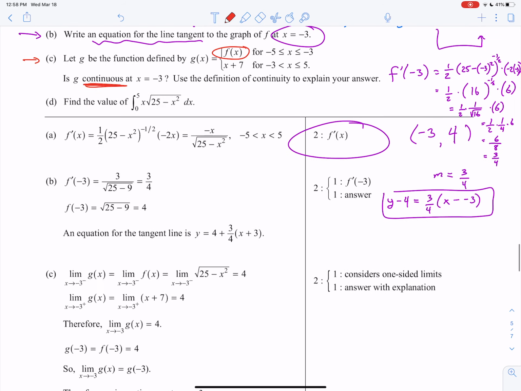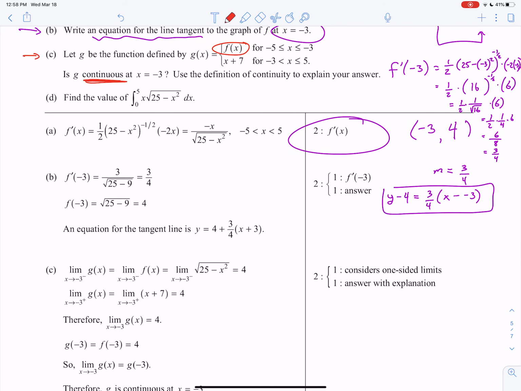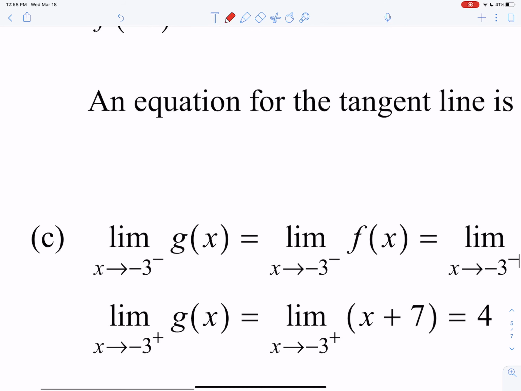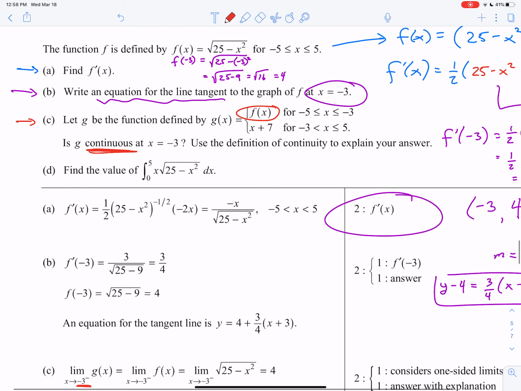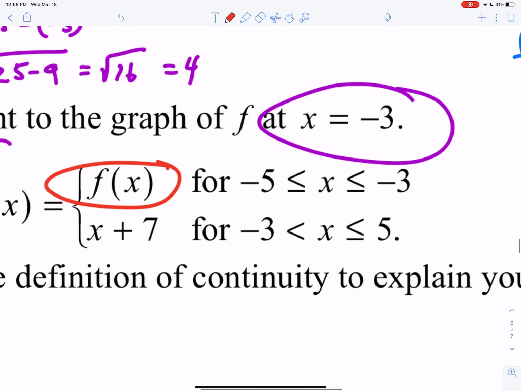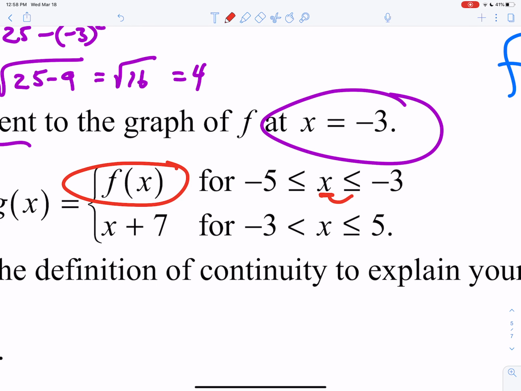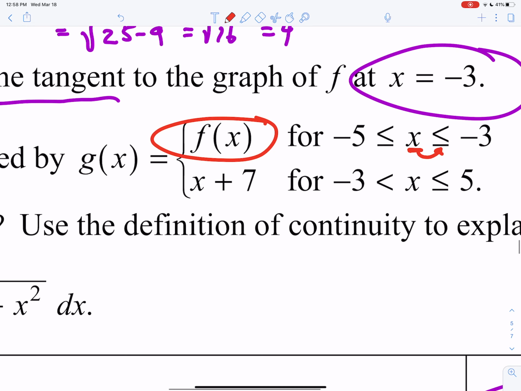So what you want to do is you want to find the limit as x approaches -3 from the left and from the right, okay? Now, if you're approaching -3 from the left, you're approaching it where all values are less than -3. If you take a look here in this inequality, x is a little bit less than -3, so you know when you approach it from the left, you have to approach f.